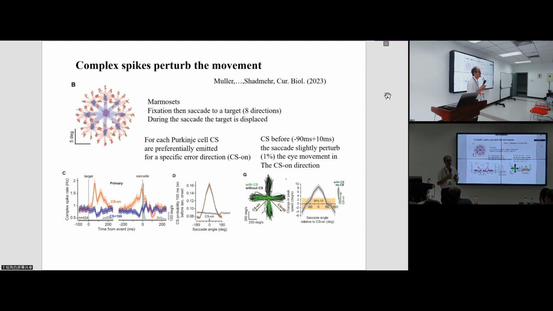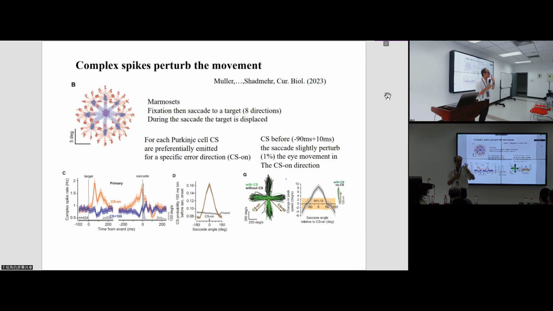This can be seen. There is a recent experiment in Reza Shadmehr's lab that shows that. The experiment is with marmosets that have to fixate a saccade. Then, when the marmoset is doing the saccade, the target is moved.